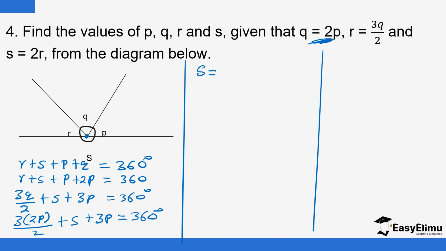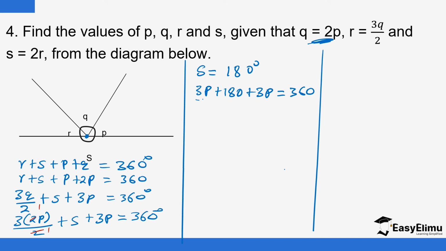So we know S is equal to 180 degrees. So 3P there, plus 180 degrees plus 3P again should be equal to 360 degrees.